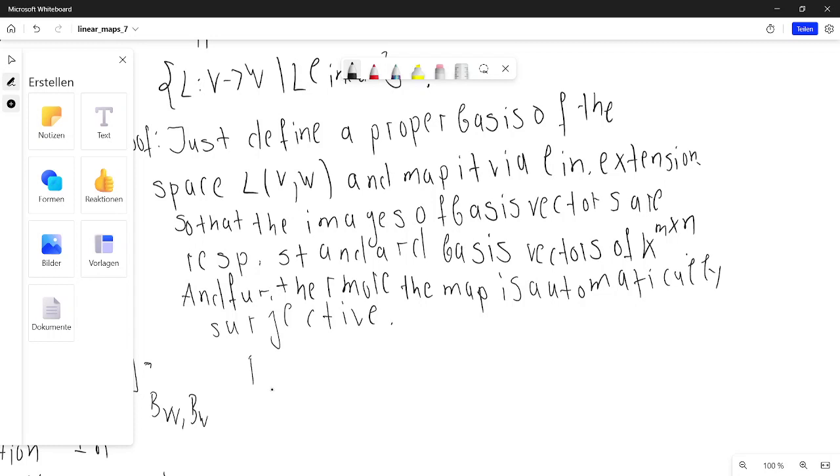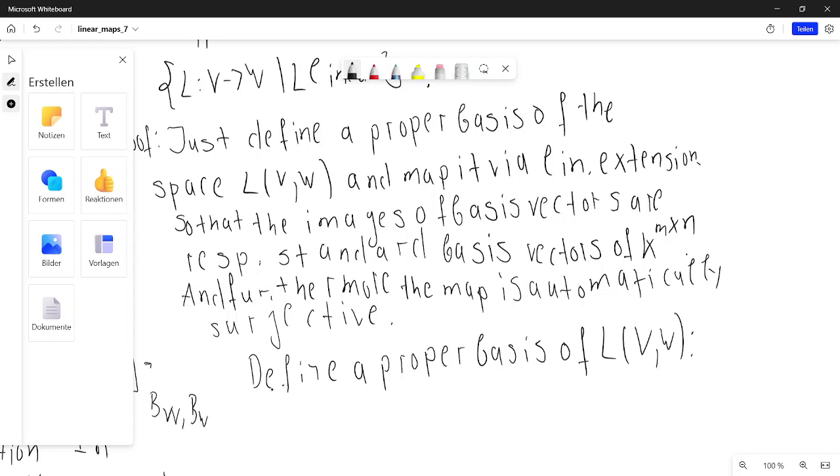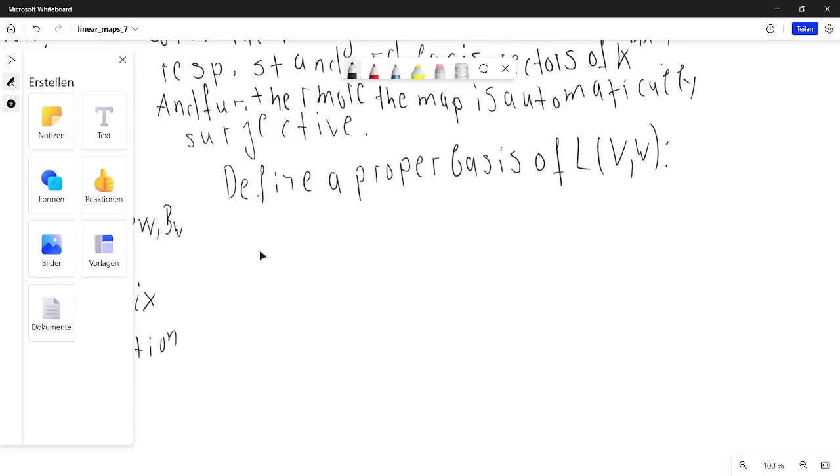Define a proper basis of W. Well, inspiration is just matrices, just the basis of matrices.